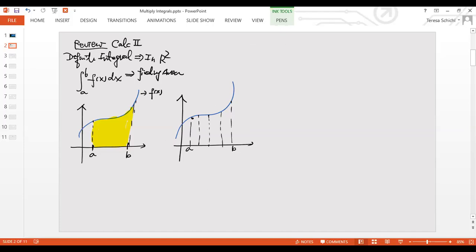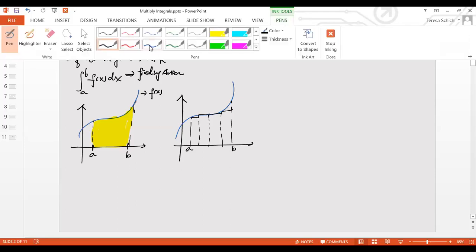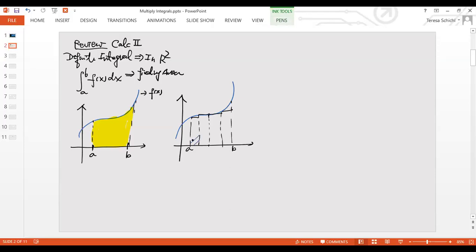For example, I'm using the left-hand rule. I can find the rectangle by using the left endpoint, here, and here, and here. So by using the left-hand rule, this is my first rectangle, this is my second rectangle, this is my third rectangle, and this is my fourth rectangle.